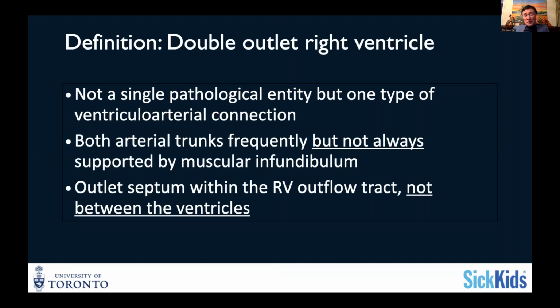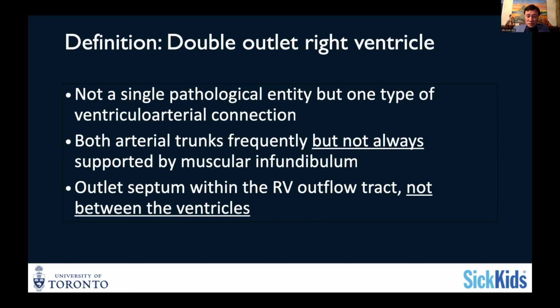There is concurrent transposition, double outlet right ventricle, double outlet left ventricle, truncus arteriosus, single outlet. Those are various types of ventricular arterial connection, and this is simply one type of abnormal VA connection.